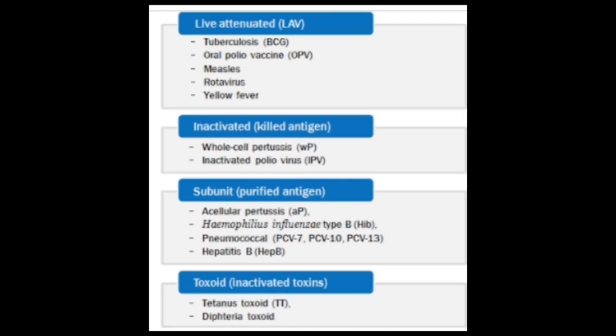The BCG vaccine for tuberculosis is developed from these live or virulent germs, but they themselves do not cause any disease when they enter into our body.